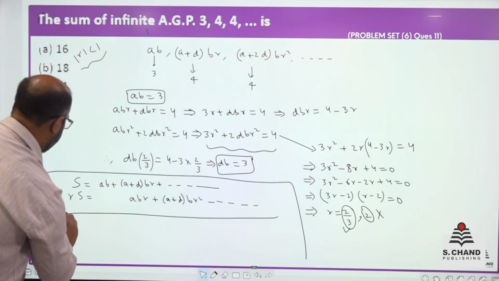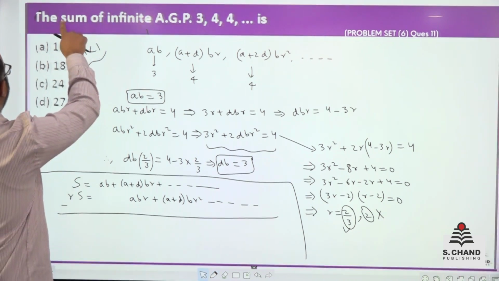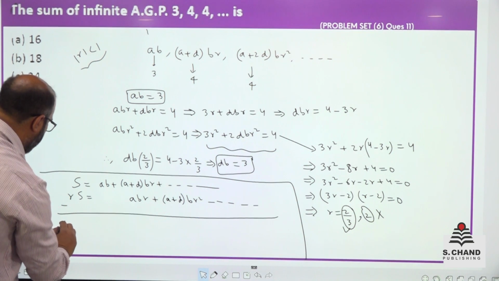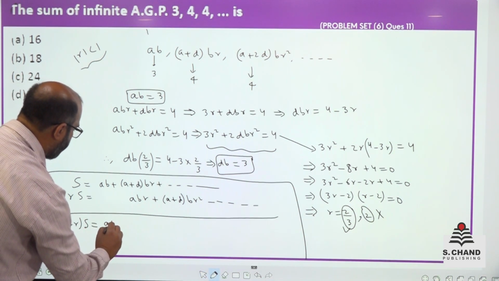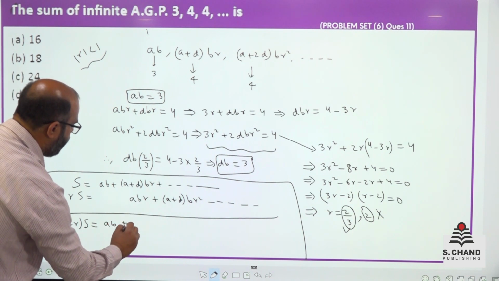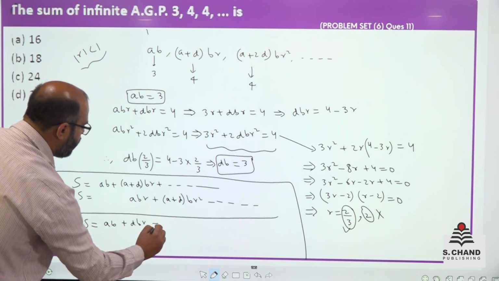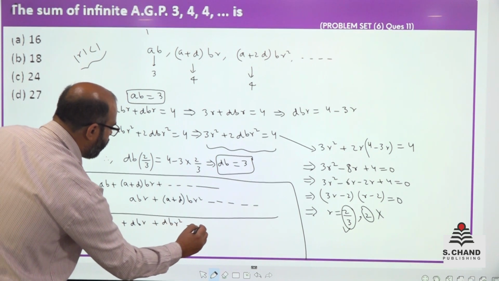Let us subtract. So this will become 1 minus r into S is equal to ab. When you subtract, you will get dbr, next one will be dbr square and so on.